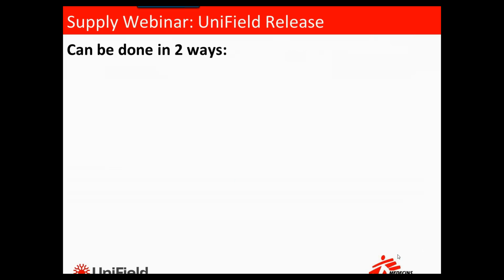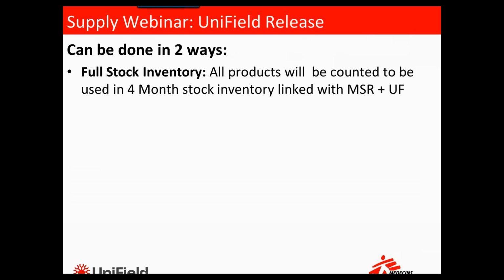So how can we do a physical inventory? We now have two new ways in which we can do it. It can be a full stock inventory. So if you're doing, as I said earlier, a 4M stock inventory, or now we even have the possibility of linking MSR with Unifield, then you do your full stock inventory.